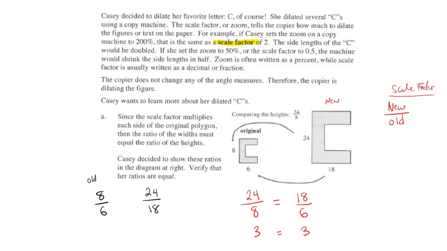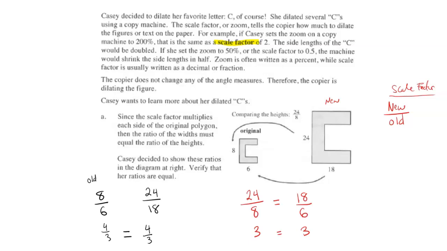The number 2 goes into both 8 and 6, so this gives you 4 over 3. And 6 goes into 24 and 18, and notice that you get 4 over 3. Notice again, your ratios are equal.